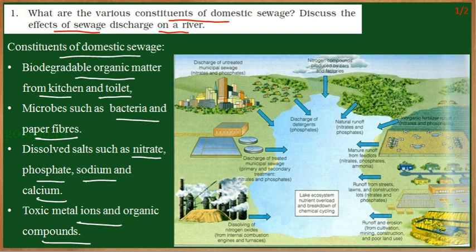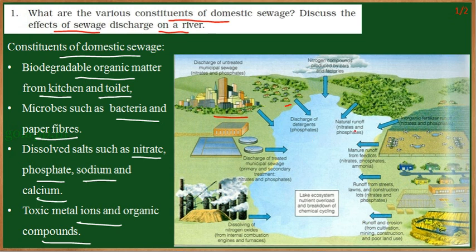So here in this picture we can see the sewage which has been released. This is municipal sewage which has nitrates and phosphate in it, and then from the houses, nutrients, that is detergents, are entering into the water.